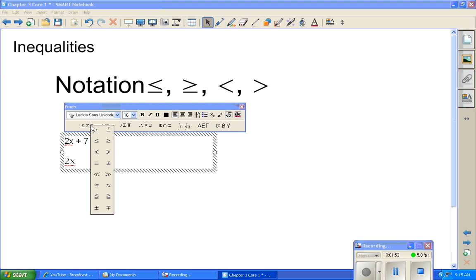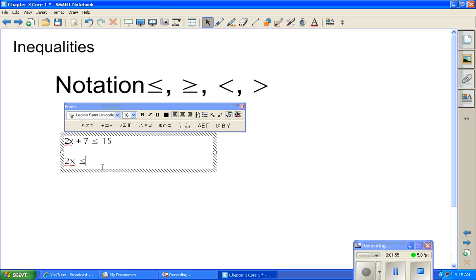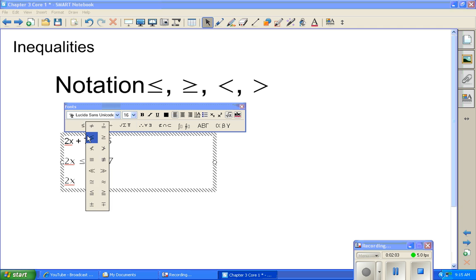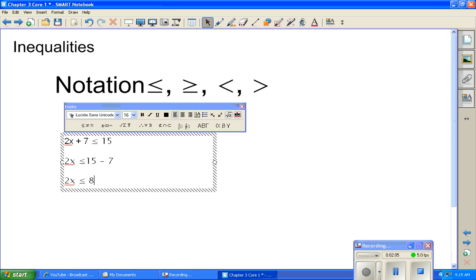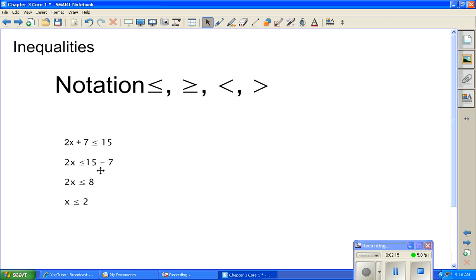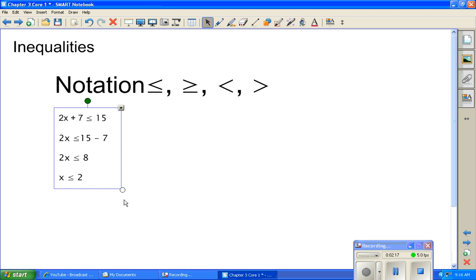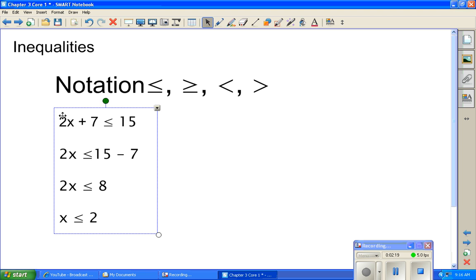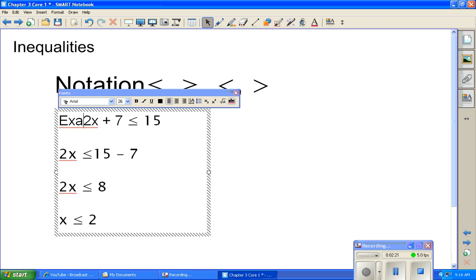So 2x is less than or equal to 15 minus 7, so 2x is less than or equal to 8, and so x is less than or equal to 2. What this shows is that I can get a range of answers. Let's just note that this is one of our examples.